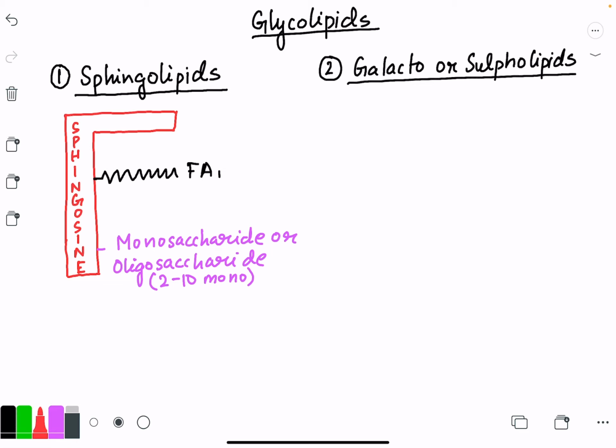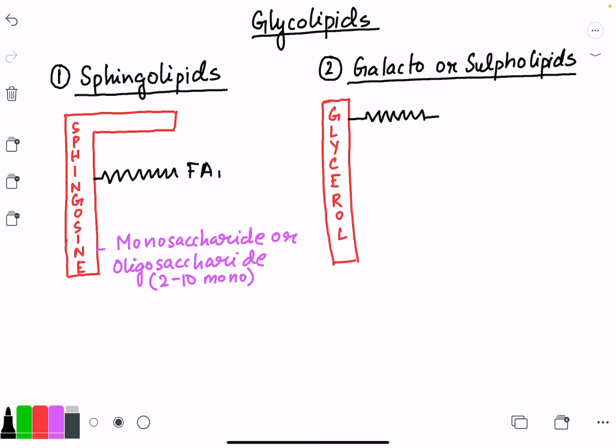Okay, so here there will be a glycerol backbone, to which we will have attachment of two fatty acids.